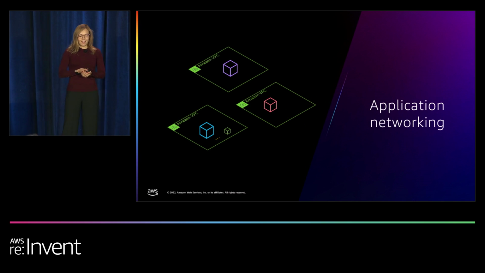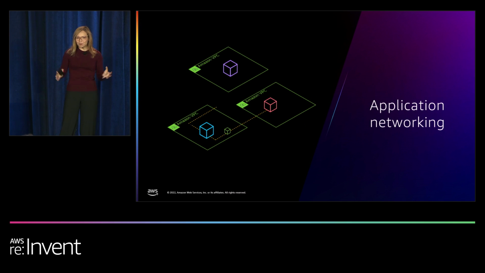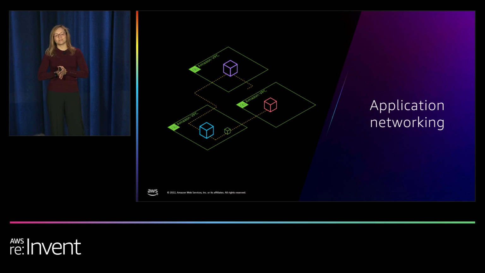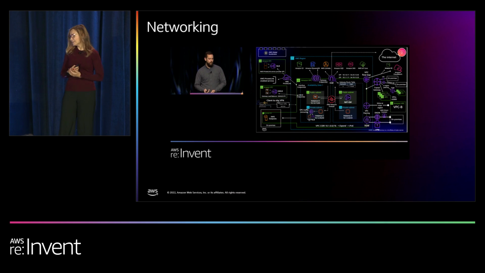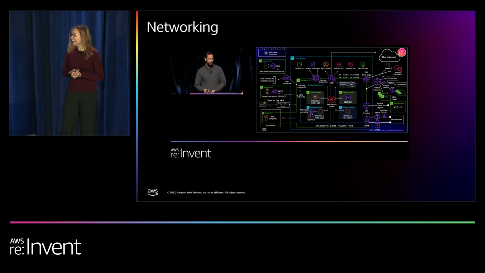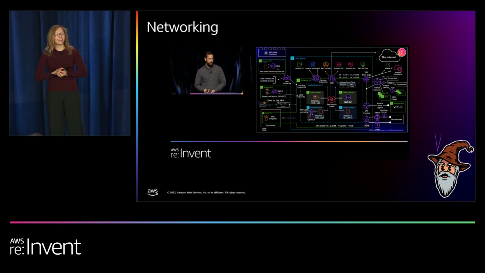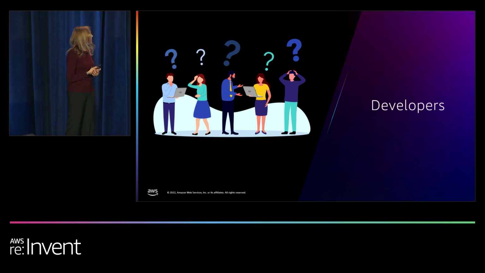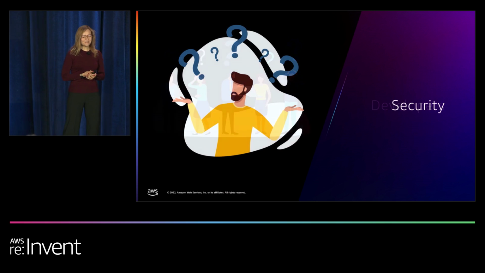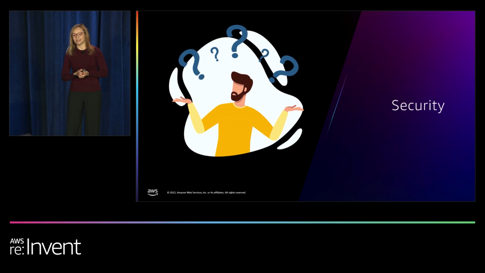Now, we've talked about the pure networking and connectivity piece, right? We've scaled out our network. And if we look at Matt last year, he was very excited to show you all the network connectivity and VPC constructs here, but he's a wizard, right? And most of the times developers are not really wizards, and they shouldn't be in networking, right?